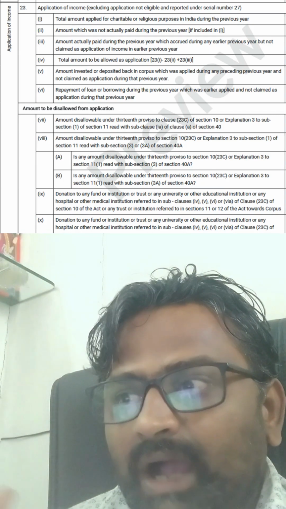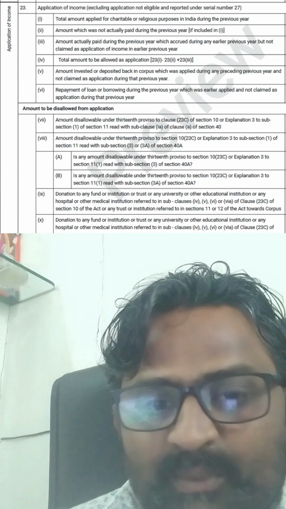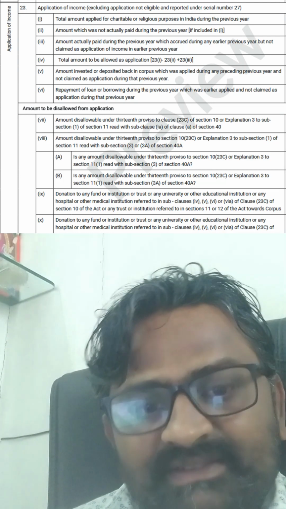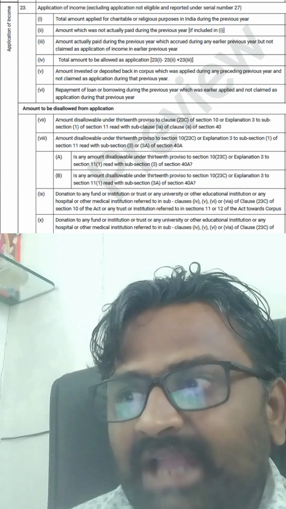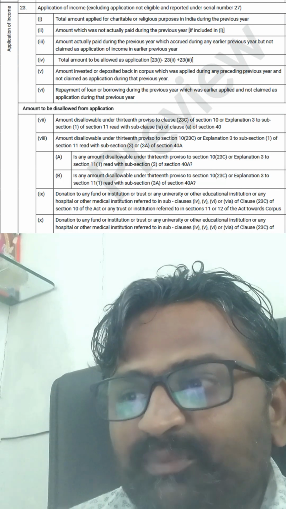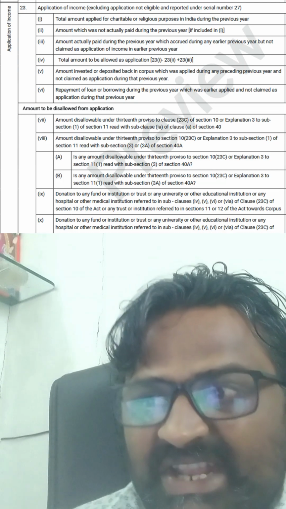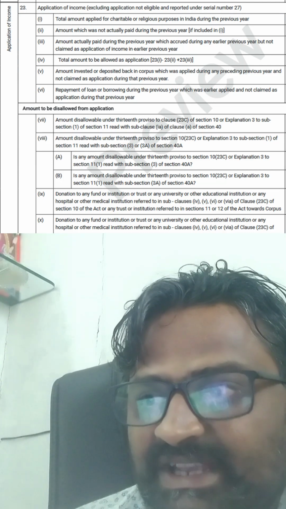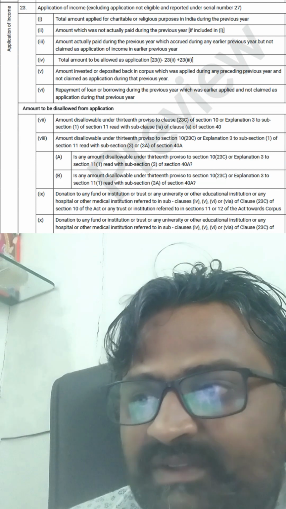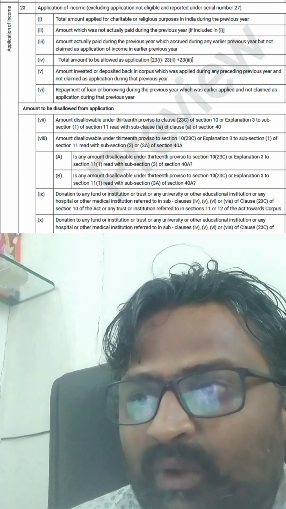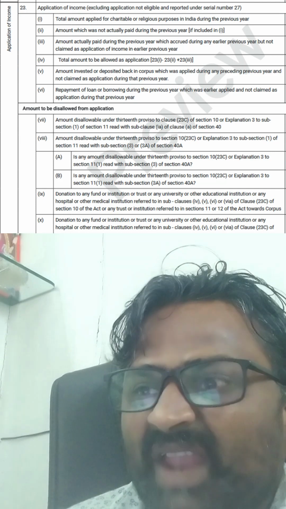So amount disallowed from application. There are some details like amount disallowed under the 13th proviso to clause 23C of section 10 or explanation 3 to subsection 1 of section 11 read with sub clause 1A of clause A of section 40.